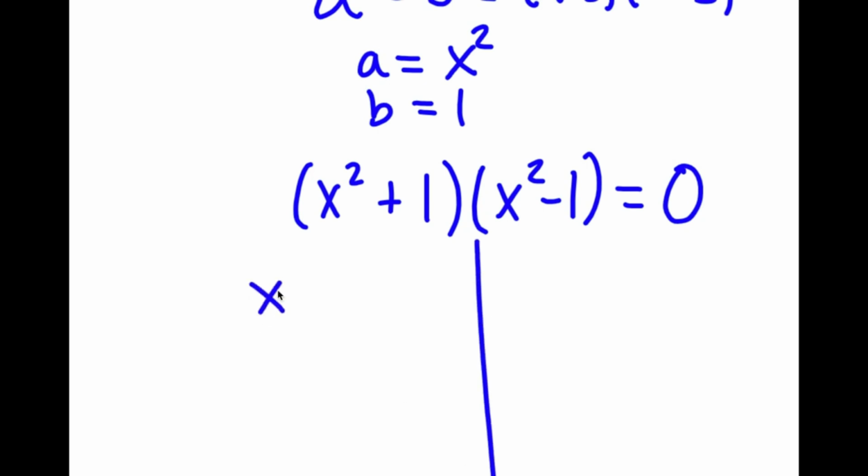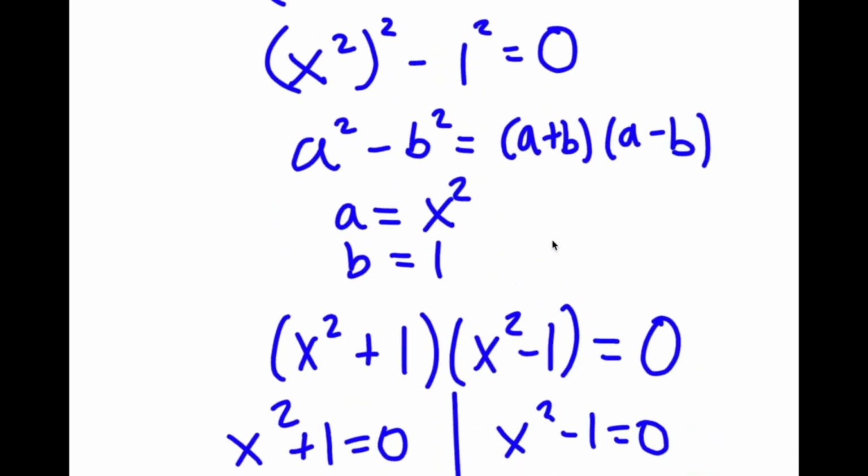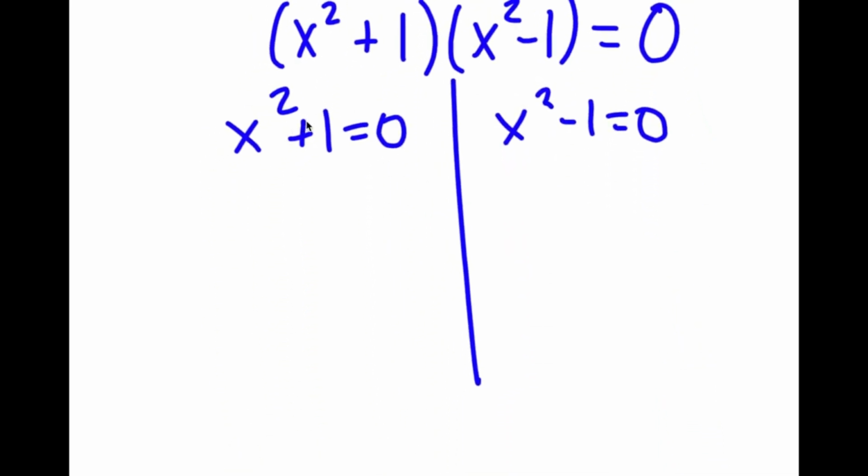I have x squared plus 1 is equal to 0, and I have x squared minus 1 is equal to 0. So for x squared plus 1 equals 0, I'm going to start by subtracting 1 on both sides. So these two cancel out, and I get x squared is equal to negative 1.